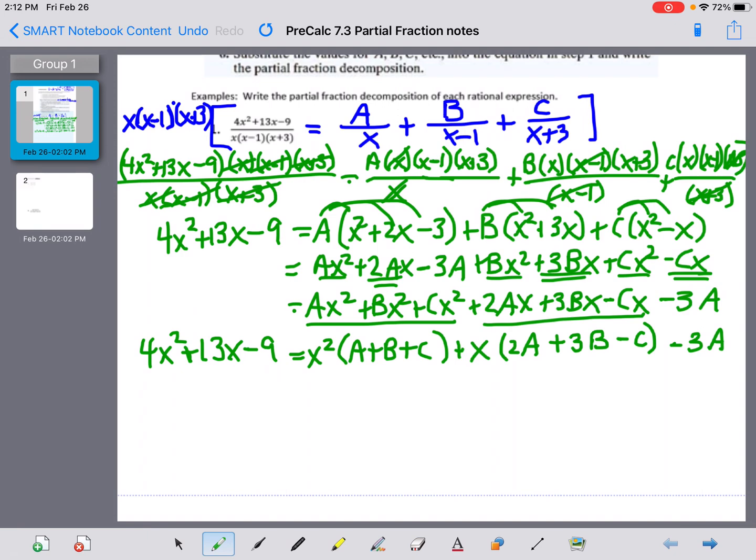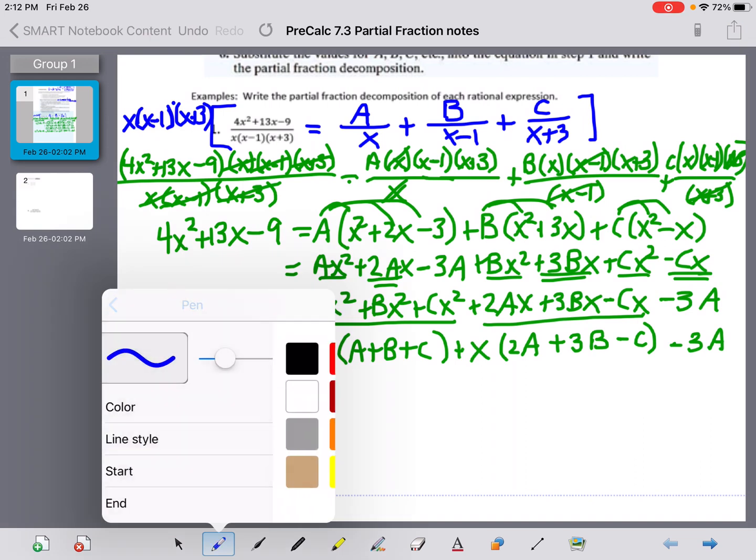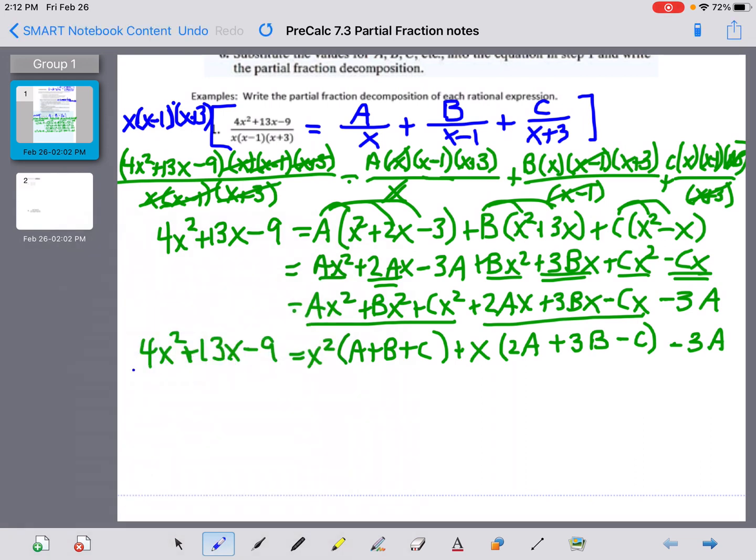Now what we can do is take what we have and set up a system. So here we go. What's connected to my x squared over here can be equal to what my x squared is connected to over here. So that means that a plus b plus c can equal 4. And whatever's connected to my x right here can be equal to what's connected to my x on this side, because we have equal sides.